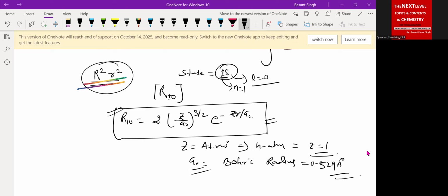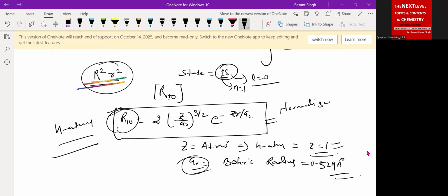So this is a constant. I have taken Z equal to 1 for the hydrogen atom, and the state is 1s, so R10 is its representation. This is the normalized radial function.